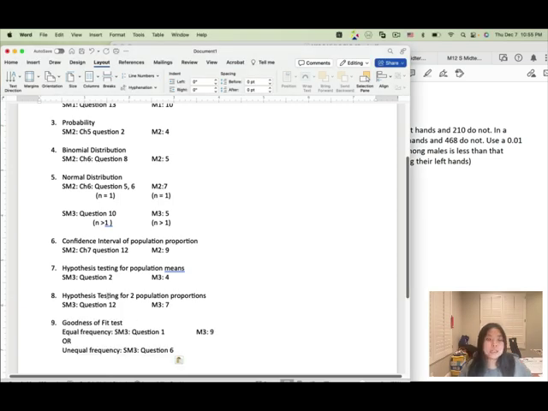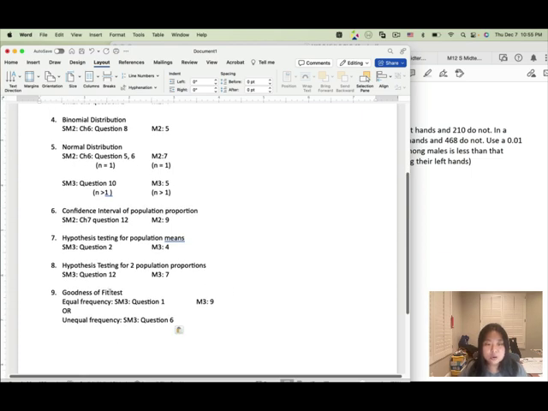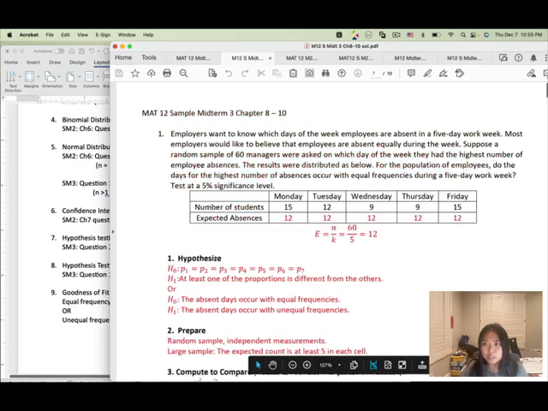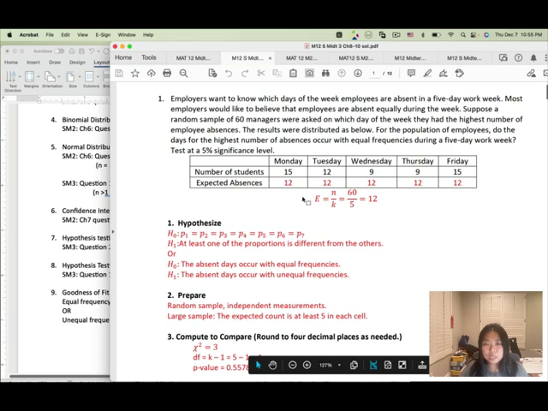Number 9, we're going to work on the goodness of fit test. Goodness of fit test, that will be equal frequency or unequal frequency. So sample midterm 3, number 1. You could see if they do have equal frequency, I could use this formula.